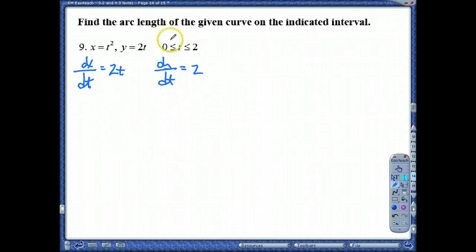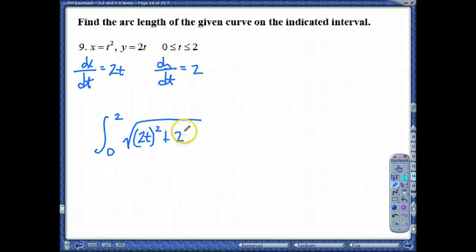So when I go to find the integral from 0 to 2, because that's my a to b, I'm going to do the square root of (2t) squared plus 2 squared dt. Don't forget your differential there.